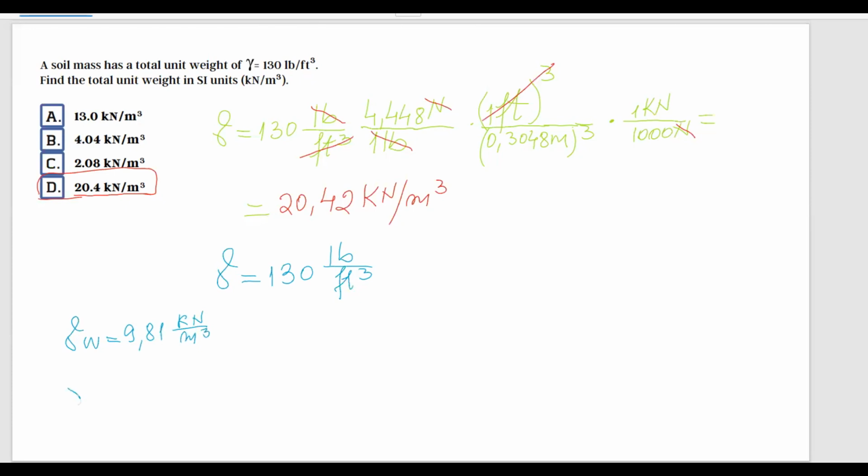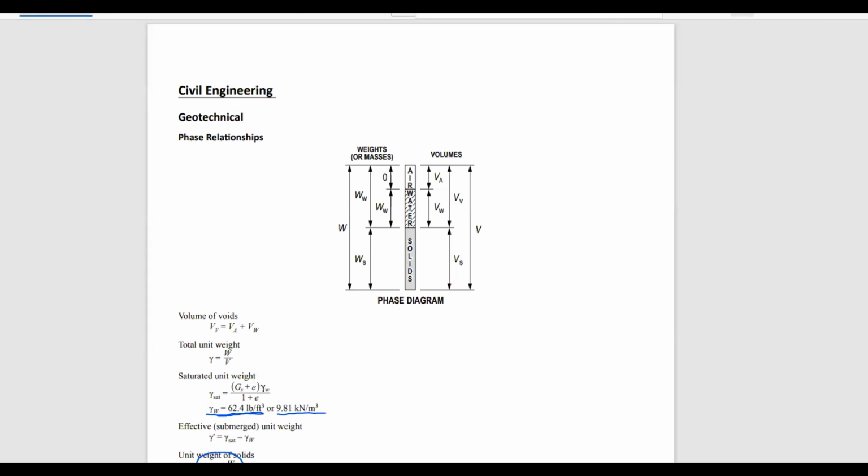And we have unit weight of water in English units as 62.4 pounds per cubic feet. And these two values are found in the FE handbook. They're actually, I think, several places in the FE handbook. The place that I usually look is under civil engineering, geotechnical, and they're given here. Unit weight of water in English units and in metric units, 62.4 and 9.81.